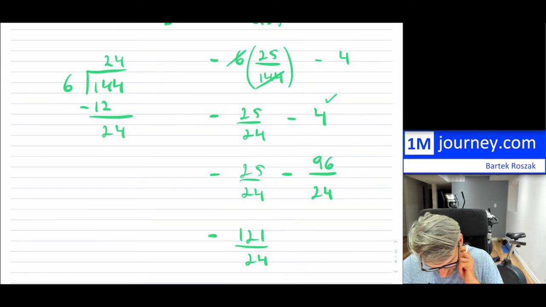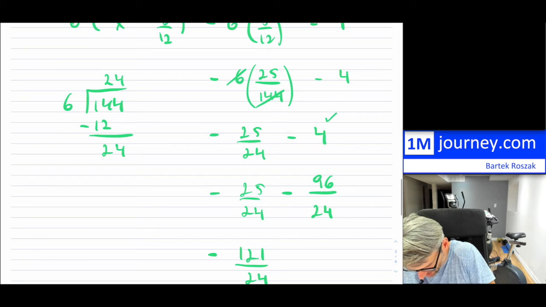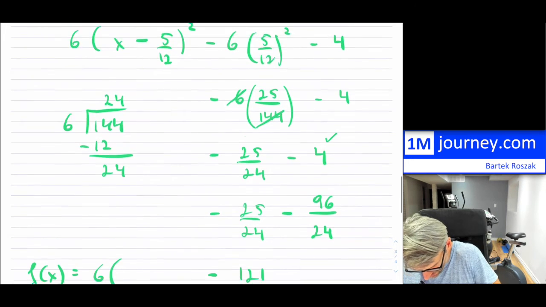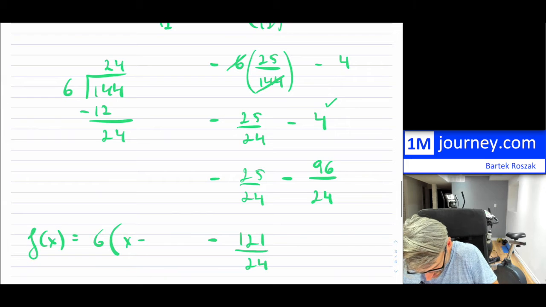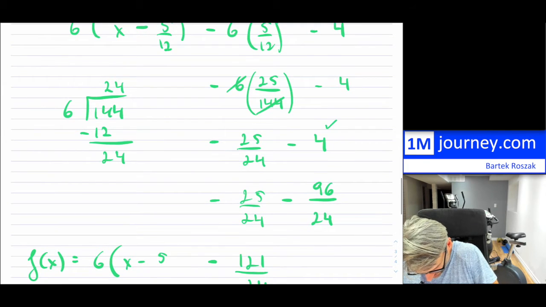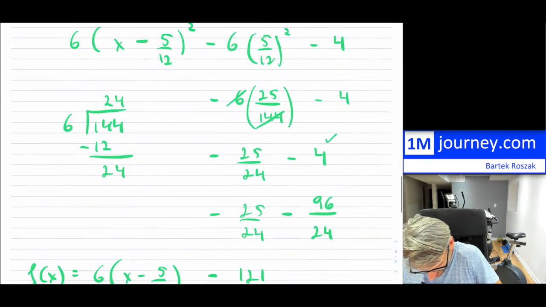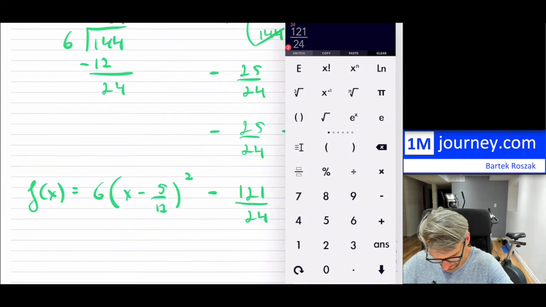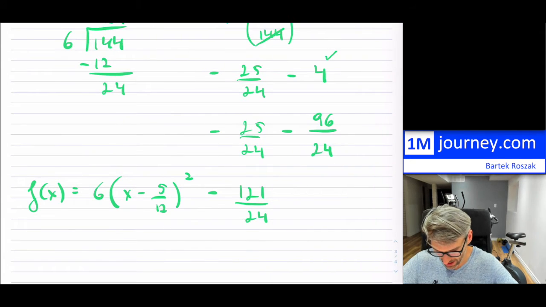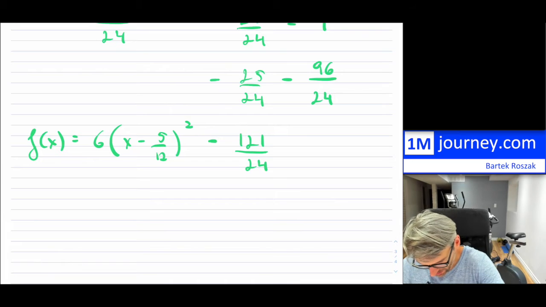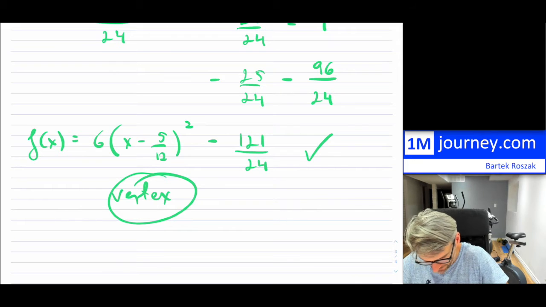All right, so this is what we have right there. So my entire thing equals 6 times x minus 5 over 12 squared. So that's going to be my minimum, right? So this is the vertex form. So we have that.